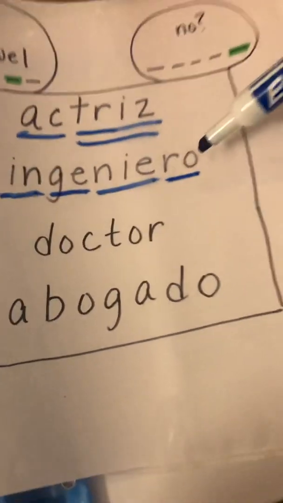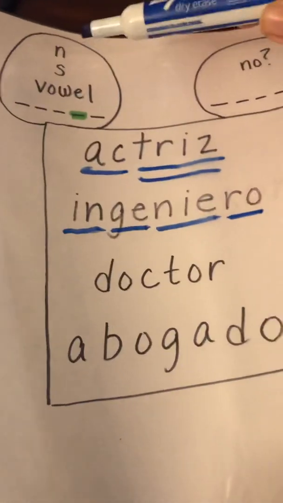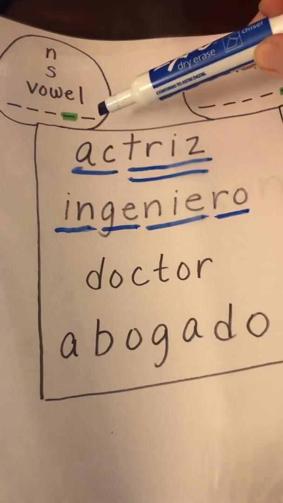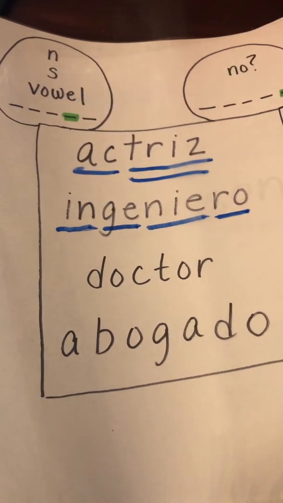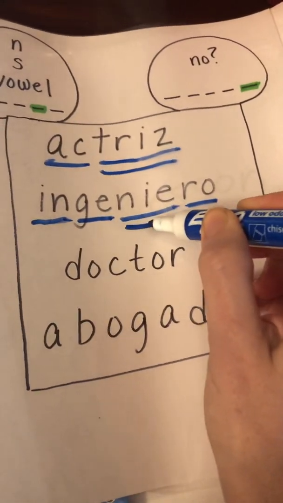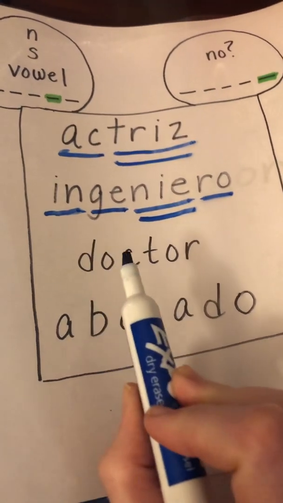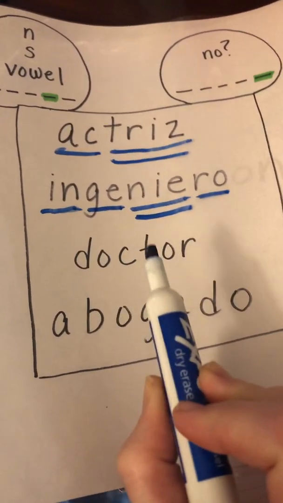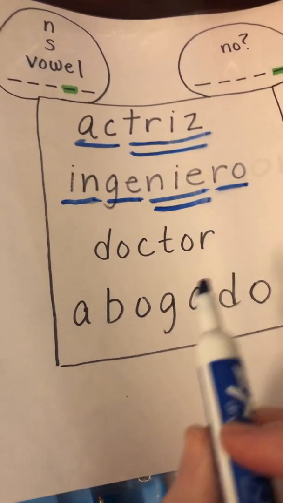Okay, so what does this word end with? It ends with an O. So it follows this rule. It ends with a vowel. And so which syllable is going to be emphasized? Well, it's going to be the next to last syllable. So we'll just go here and make sure we emphasize this. So this is ingeniero. Ingeniero. And in case you don't remember what ingeniero is, it's an engineer.